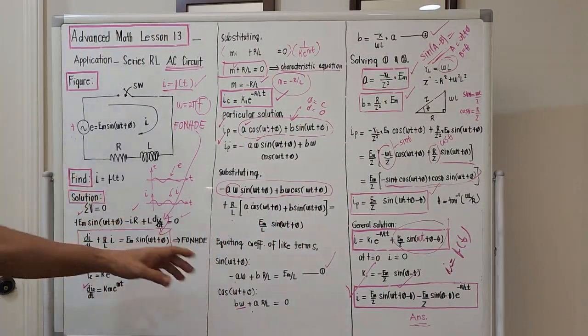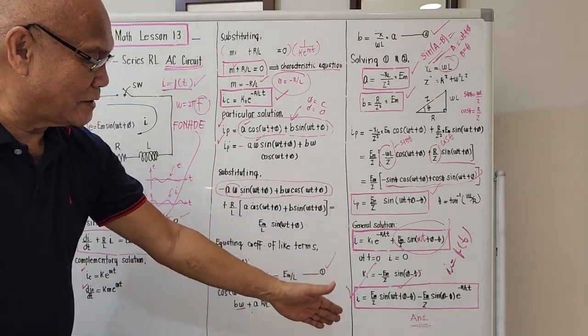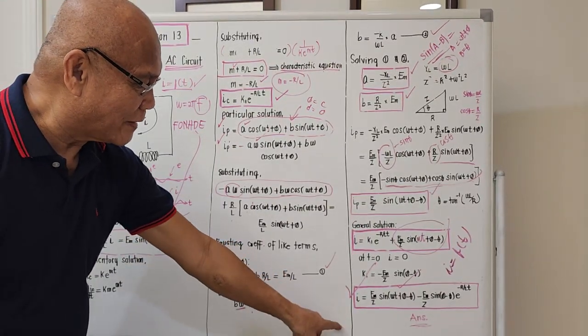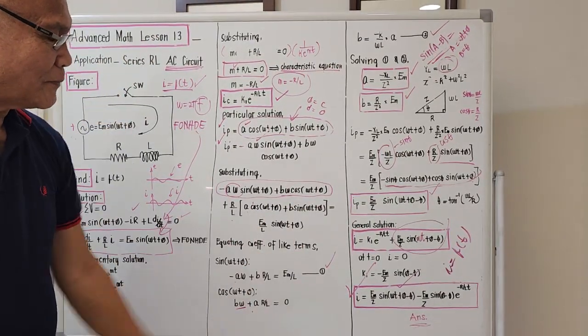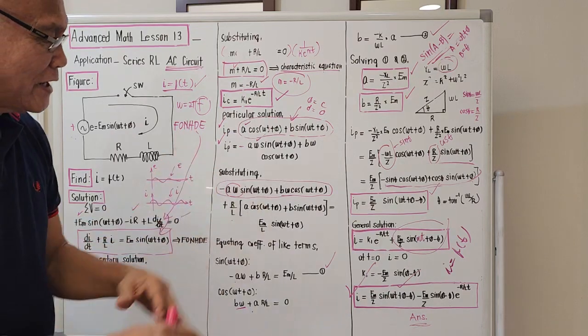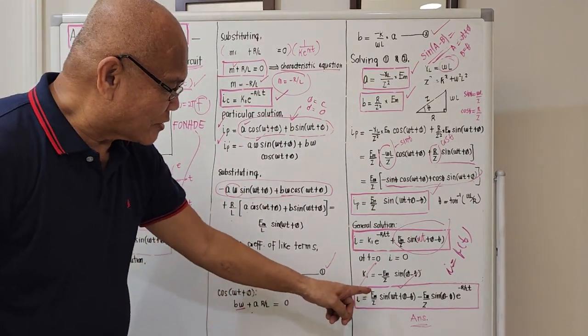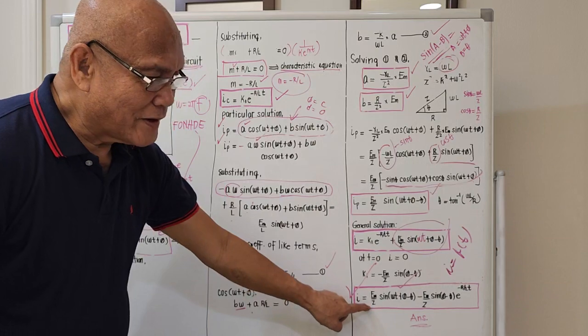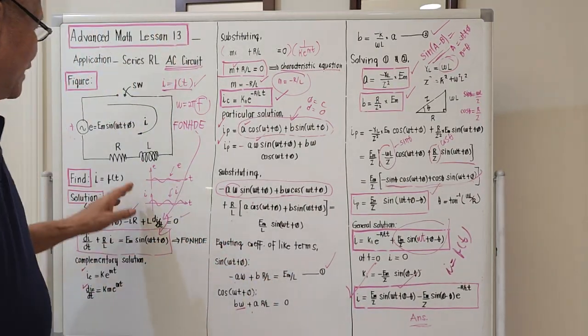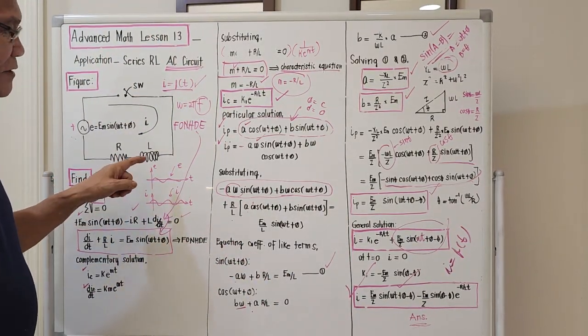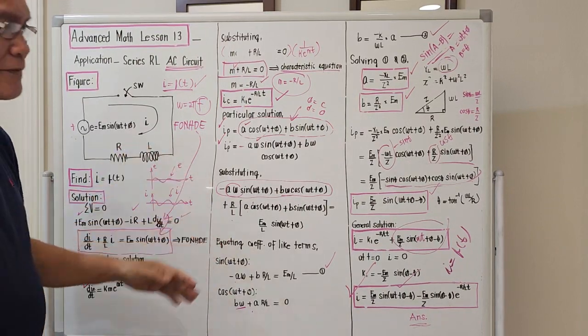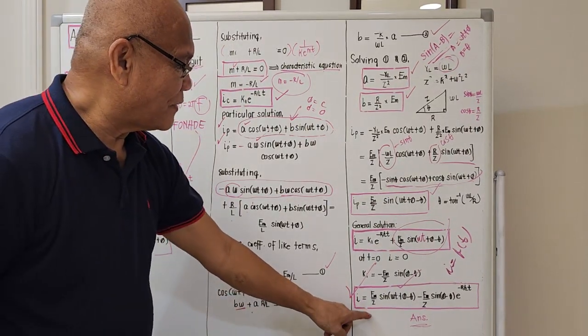Okay, we derived the formula on how to take the value of the current as a function of time with all the given parameters. Because for any given problem, E sub m is given, the resistance is given, the inductance is given, so we could compute for the impedance. Z is the impedance.